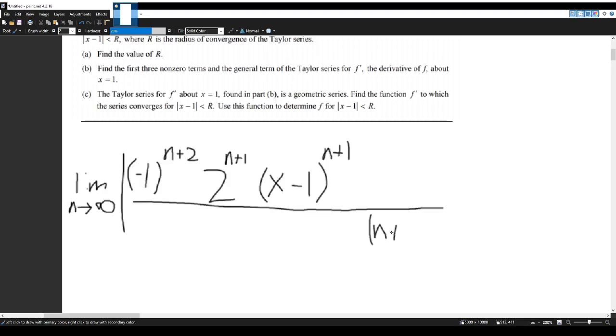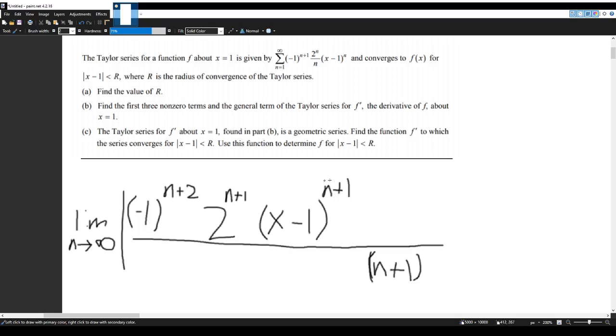I'm going to put this over here because we're going to have all the things kind of line up, so it's easier to see what cancels. And then we're going to divide by what's already here. And so, of course, anything in the numerator here, we put in the denominator, and anything in the denominator is going to go in the numerator, because dividing by a fraction is the same as multiplying by the reciprocal.